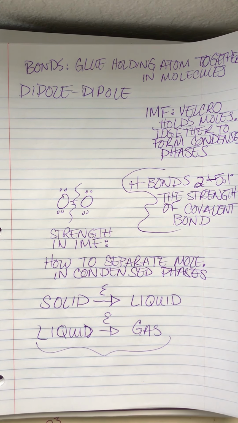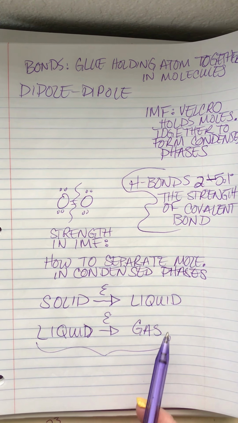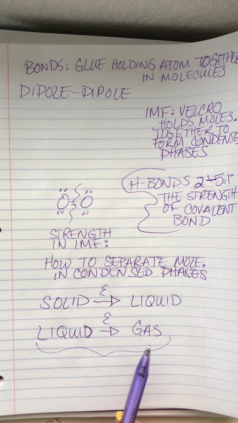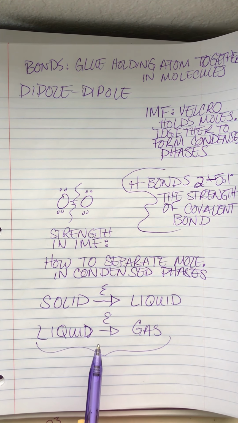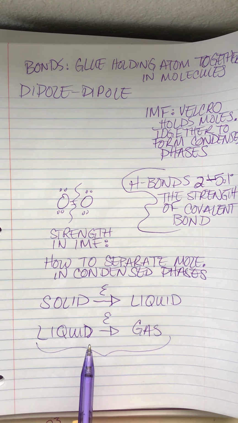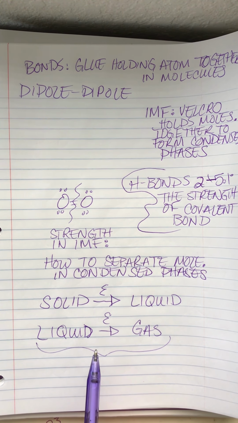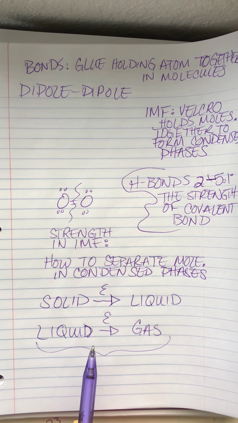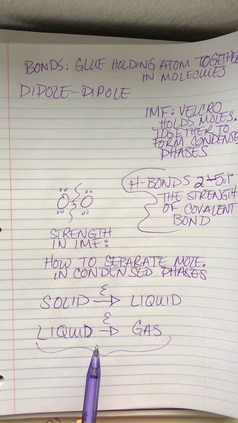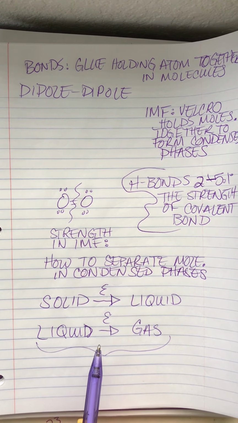So these types of phase changes, when we go from a solid to a liquid or a liquid to a gas, would be examples of physical change. We're not changing the molecules, we're just giving them enough energy that they can get away from each other, essentially. Yeah, that really helped. Thank you. Of course.